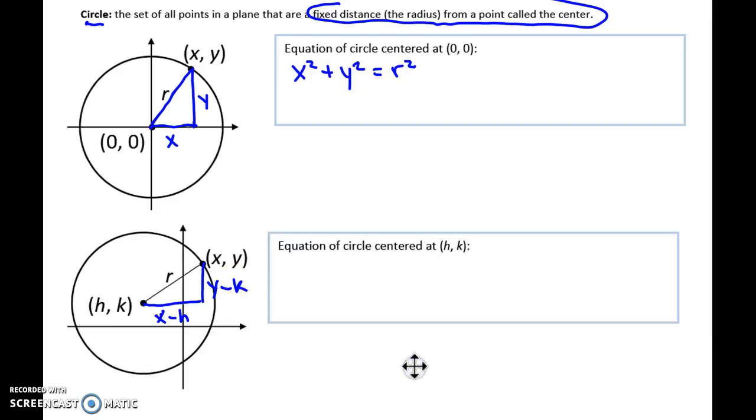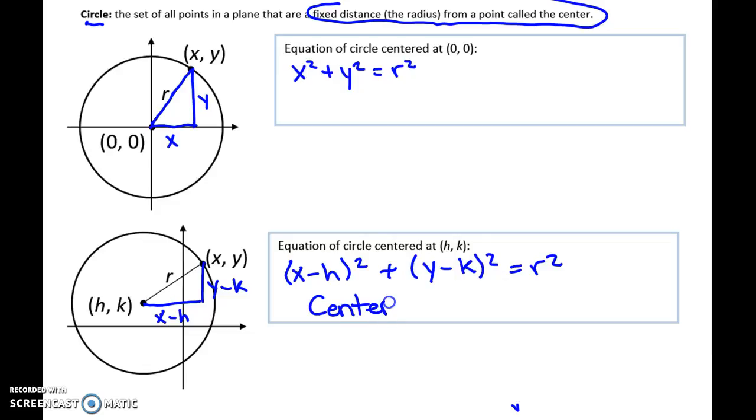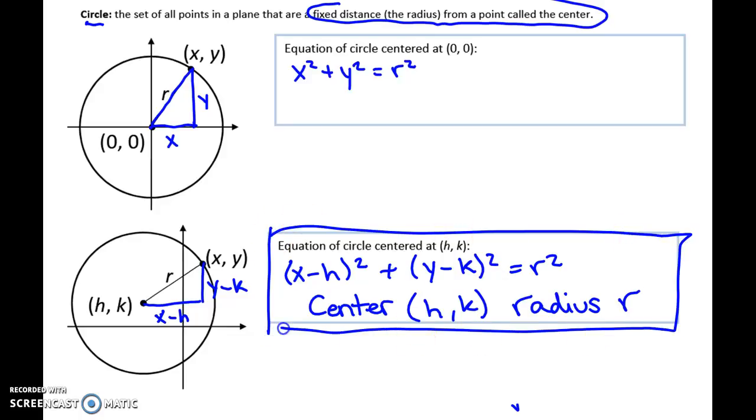So the equation of my circle now is (x minus h) squared plus (y minus k) squared equals r squared, where I have a center at h comma k and a radius r. If you remember one thing today, this is the most important thing right here.